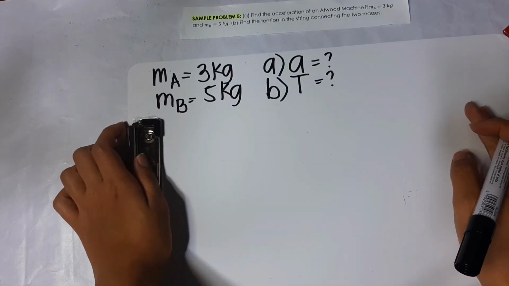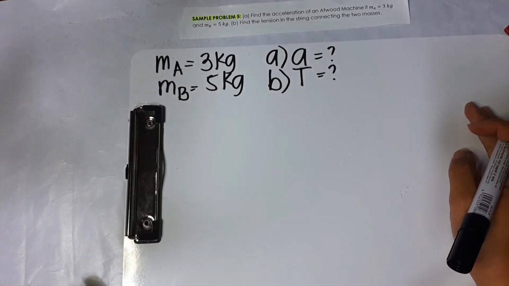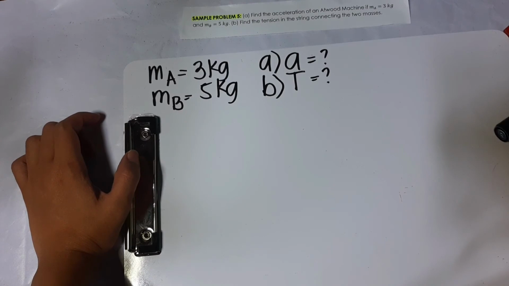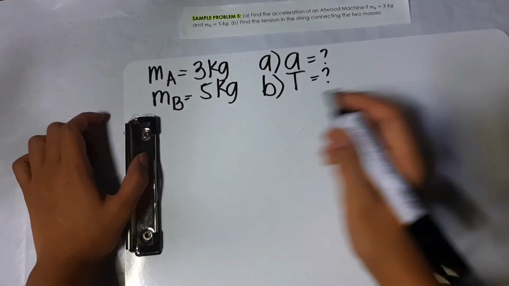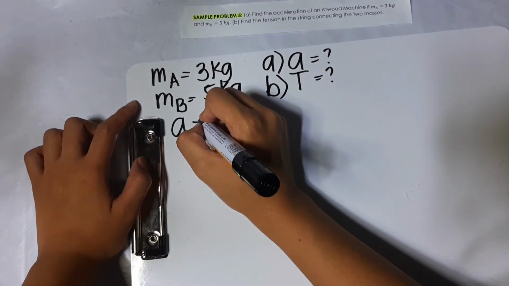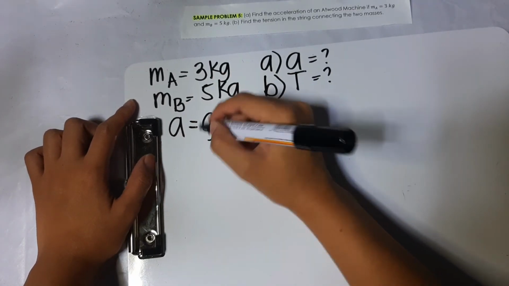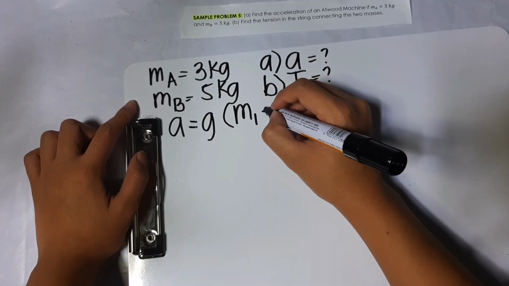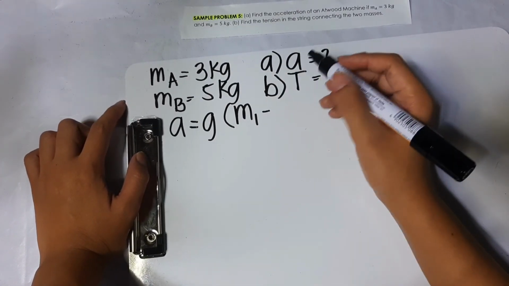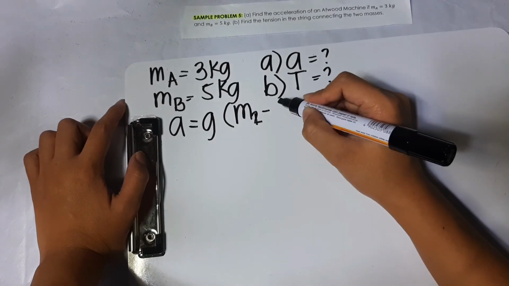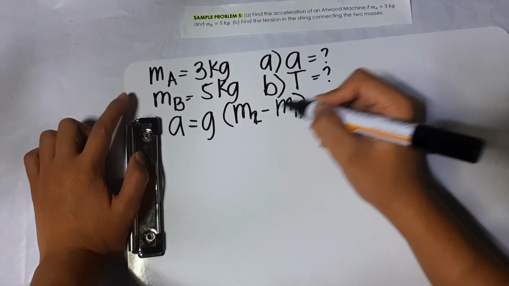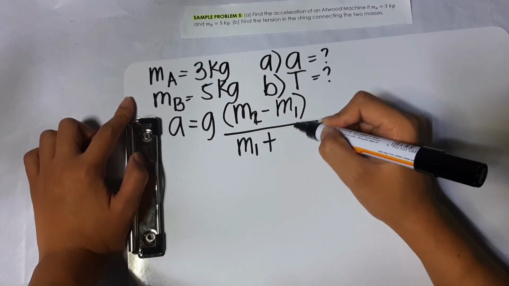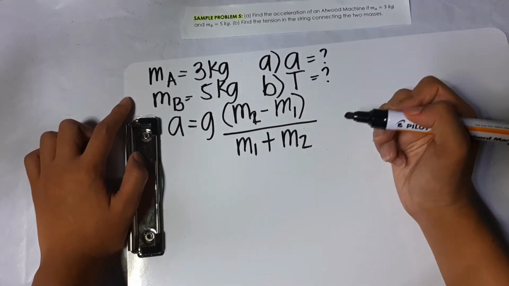Now, a while ago, I showed you how to derive the formula. So, we're going to use now the derived formula. For acceleration, that is gravity times mass 2 minus mass 1 divided by your mass 1 plus your mass 2.